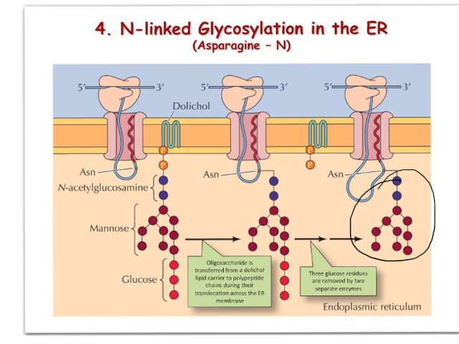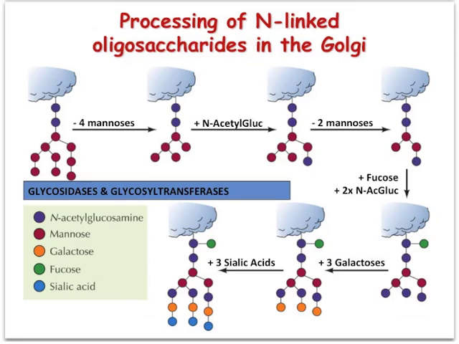So by the time that the proteins are let go from the ER, they have 11 sugars attached to them. When the proteins arrive at the Golgi with those 11 sugars attached to them, the sugars now are going to be undergoing extra steps of processing.